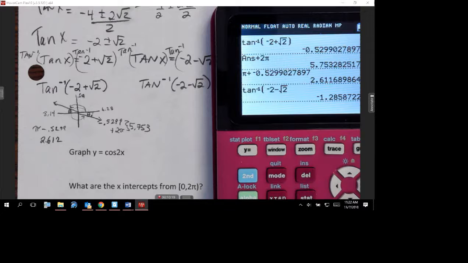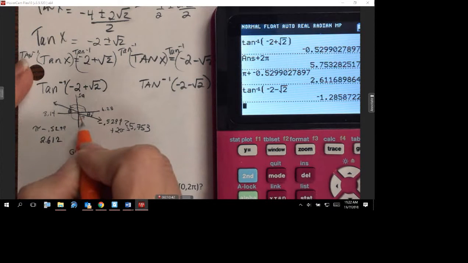All right, so I did inverse tangent of negative 2 minus radical 2, and we got negative 1.286. Where is that going to be? What quadrant is negative 1.286? That will be in the fourth quadrant.